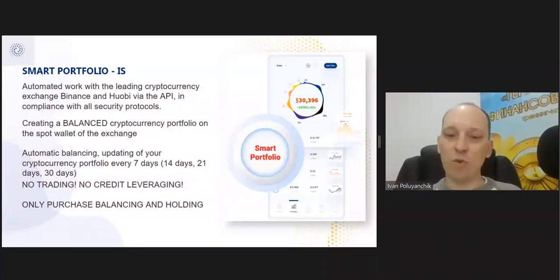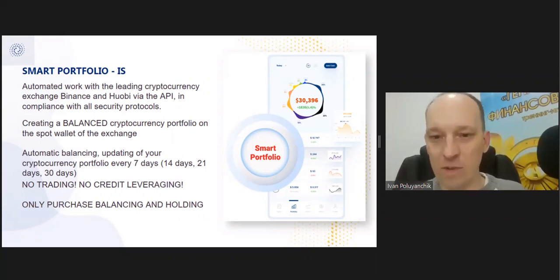Nobody really knows, but what Smart Portfolio does, it analyzes the market using the capitalization value. It has an algorithm that allows it to identify the market cap of a particular coin. In other words, it's like an instrument for catching whales in the market.